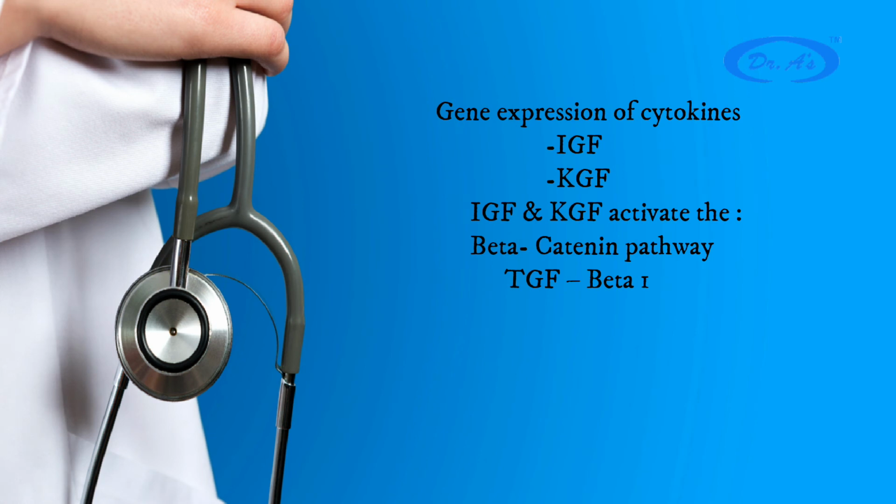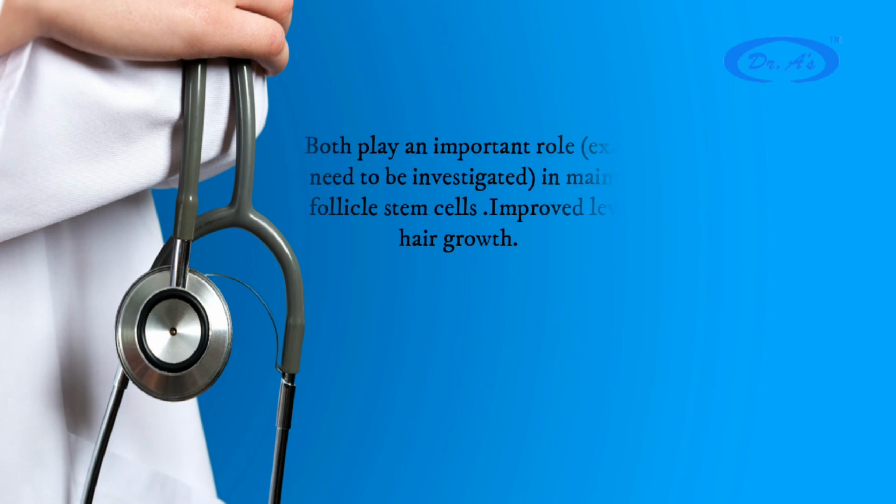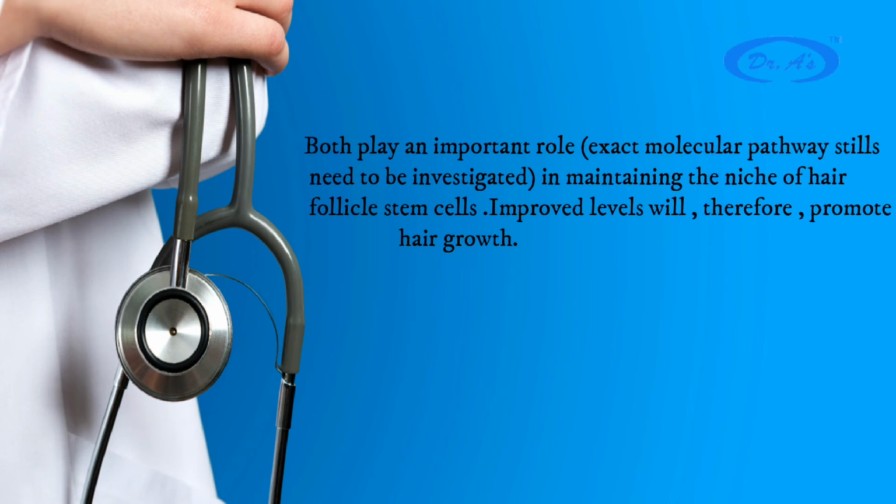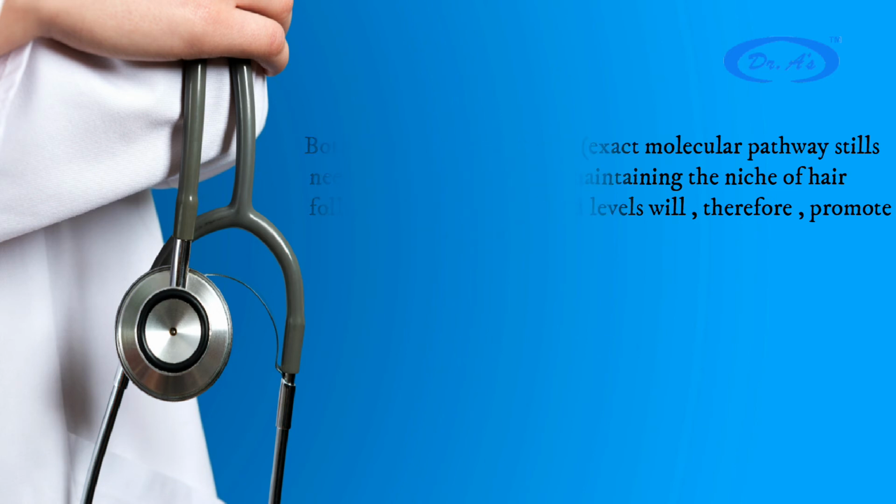IGF and KGF activate the beta-catenin pathway and TGF beta-1. Both of these play an important role. The exact molecular pathway still needs to be investigated, but both of them play an important role in maintaining the niche of hair follicle stem cells. The improved levels will therefore promote hair growth.